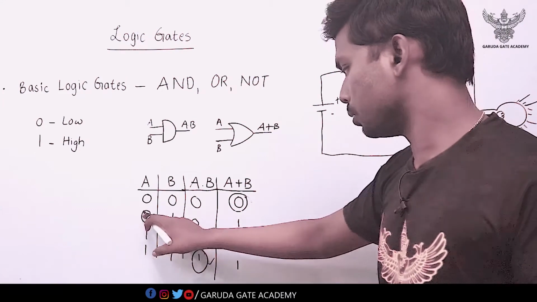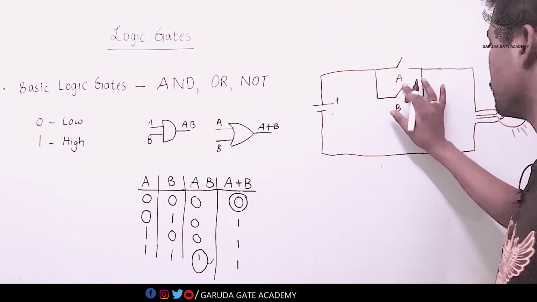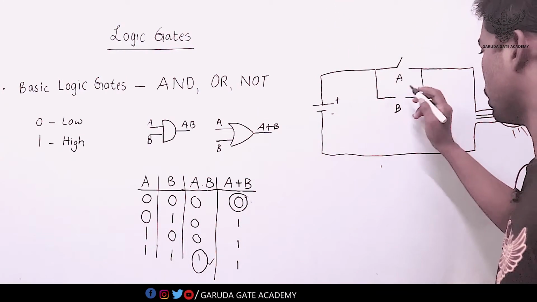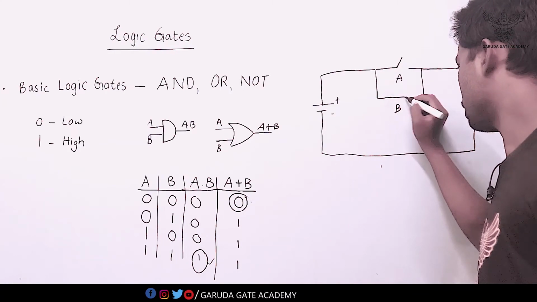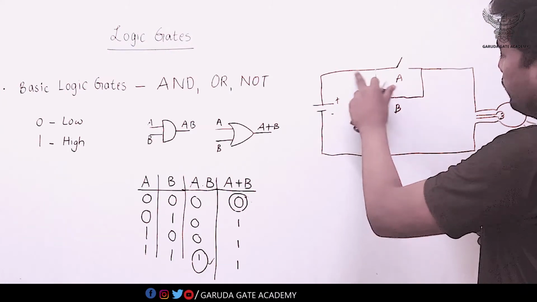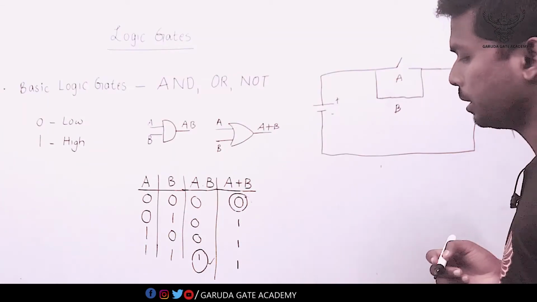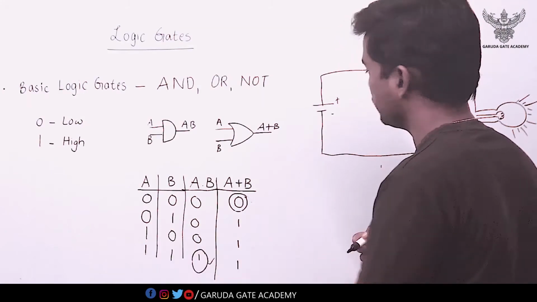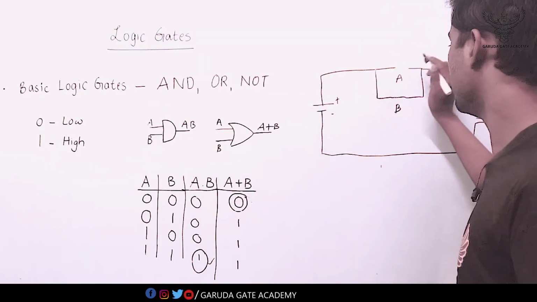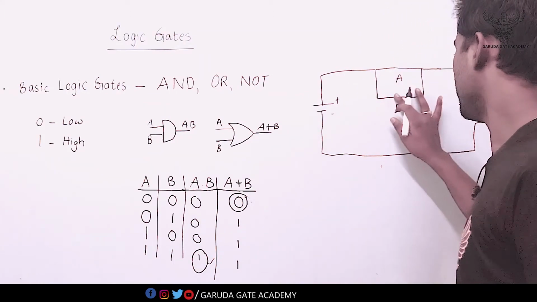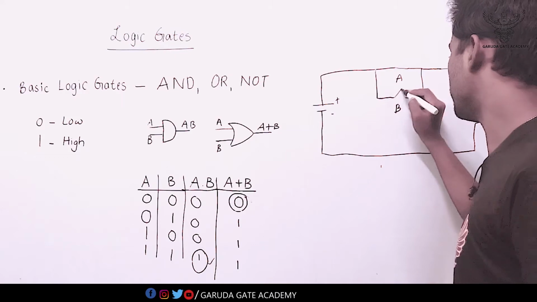Now A is 0 and B is 1. A is 0 in the sense A is off, and B is on. So current can flow through this wire and reach the bulb, so the output will be 1. And in this case as well, A is 1 in the sense A is on, and B is off.